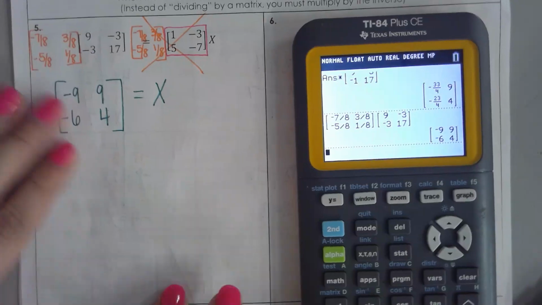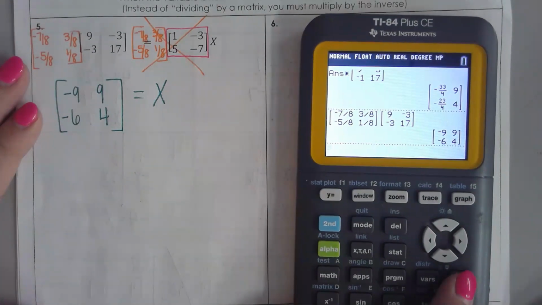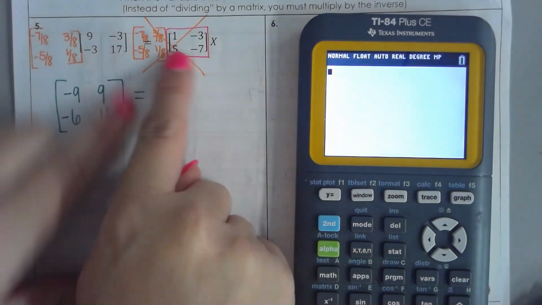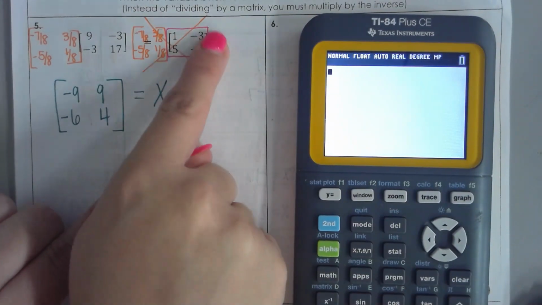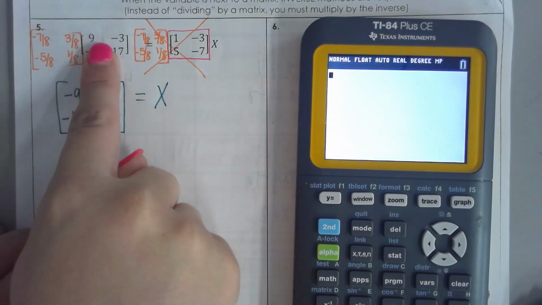So if you want to check your answer, especially these where the inverse is required, I would check. Go back to your original problem, type in this matrix times the matrix X, and see if we get the 9, -3.